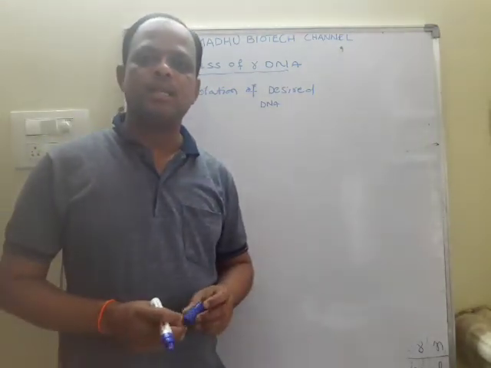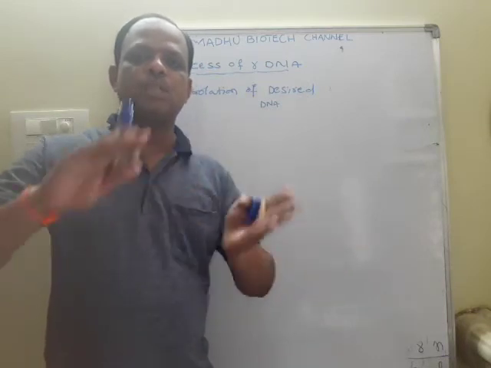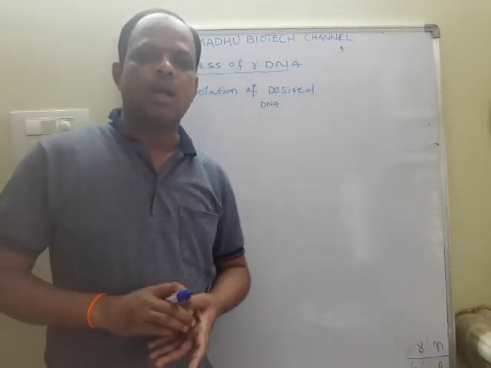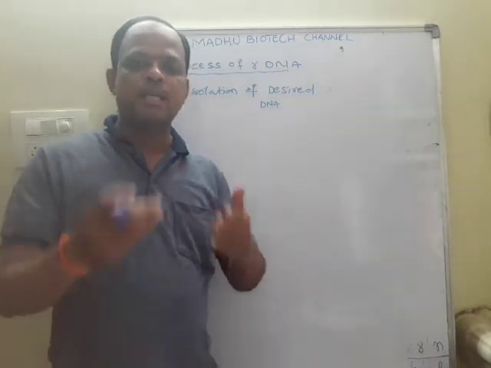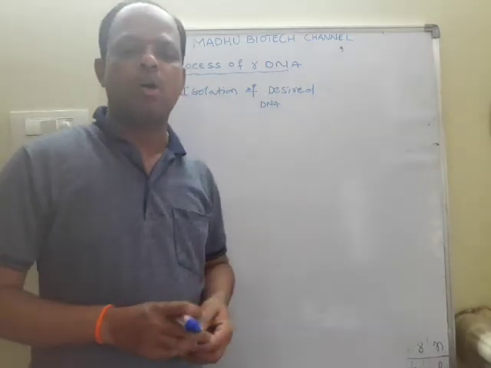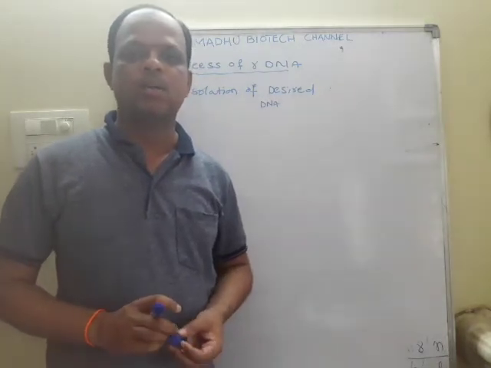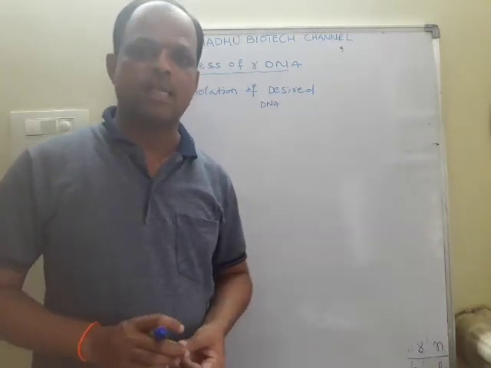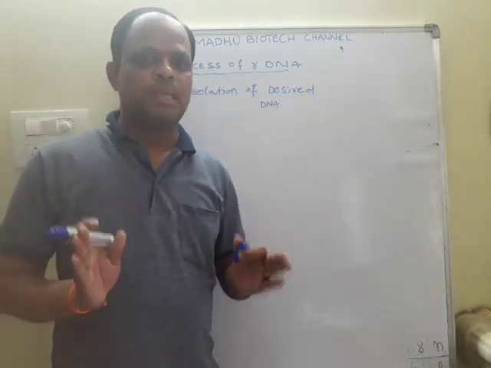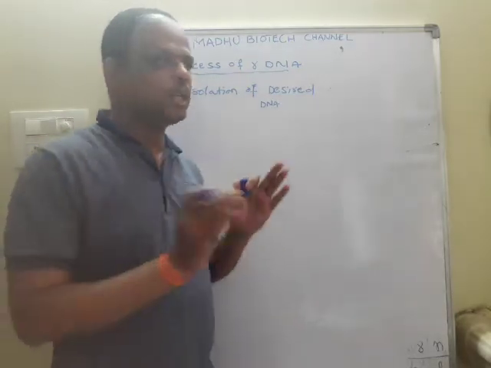The next is insertion of the foreign gene into the suitable vector, and that recombinant is inserted into the suitable host cells. The final step is culturing of those chimeric DNA cells. So these 6 steps are involved in this process.